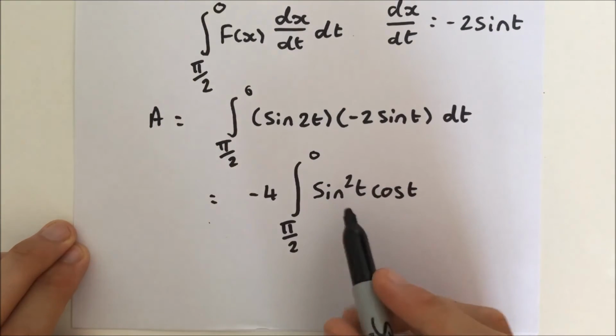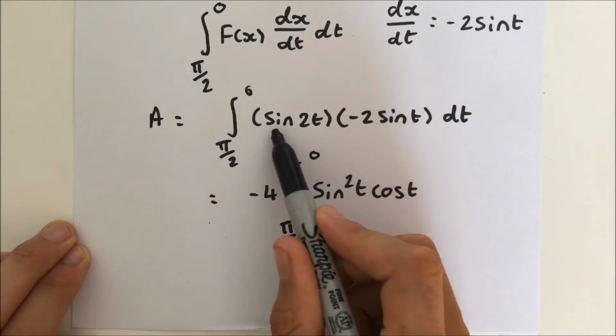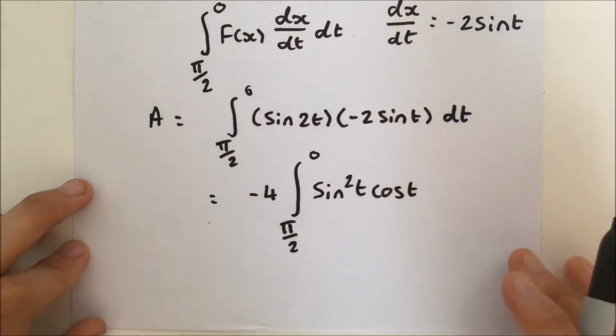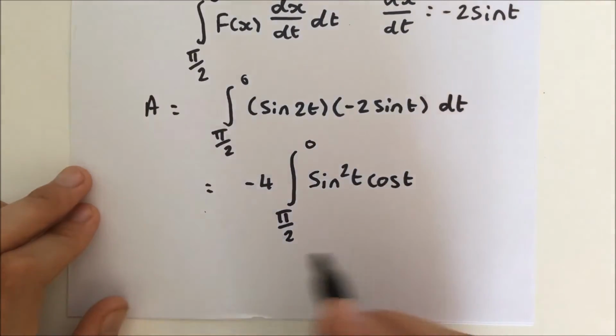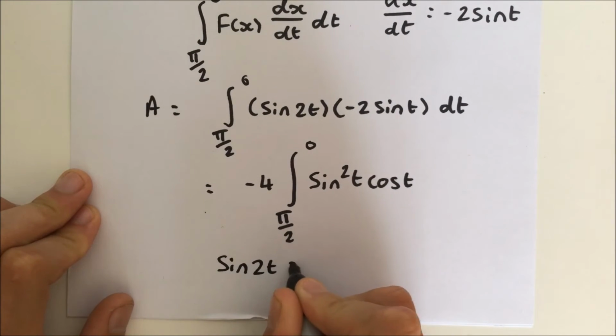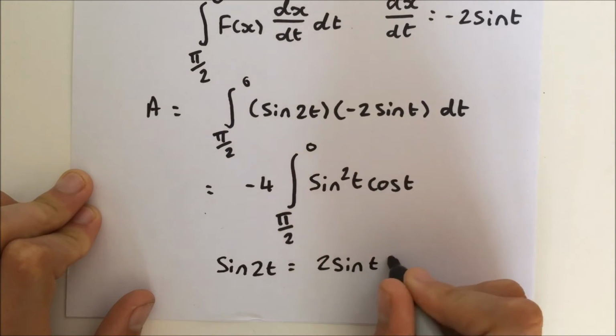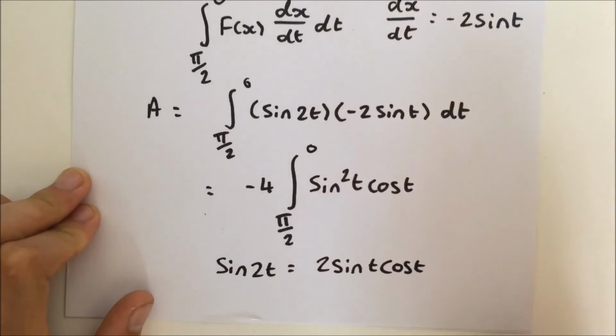Now I got to this sine squared of t cosine of t. How do I get to that? Well, by our trigonometric identity, sine of 2t is equal to 2 sine of t multiplied by the cosine of t.